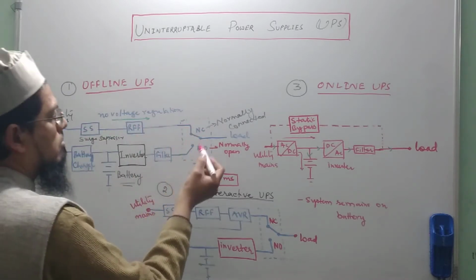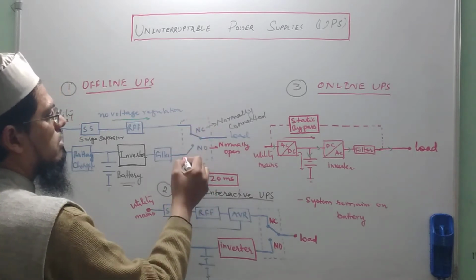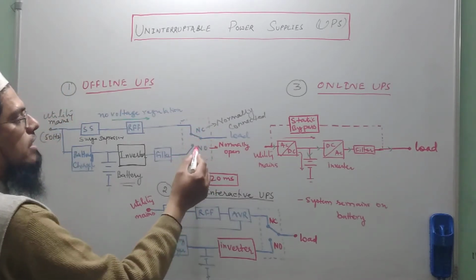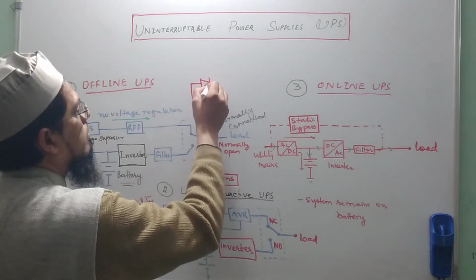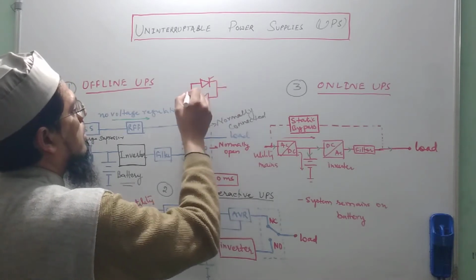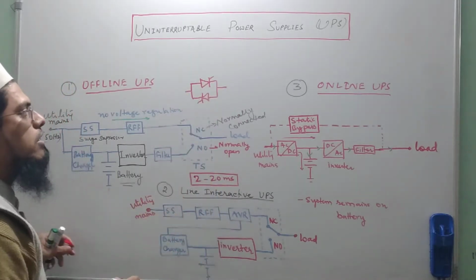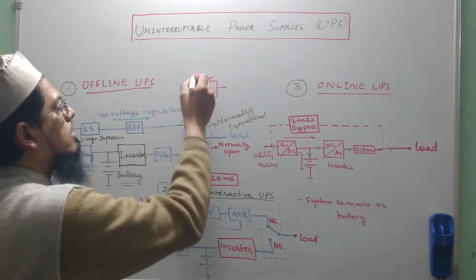Let me tell you what exactly this NC and NO are. It is basically a triac, or a set of thyristors connected in anti-parallel, and they act as static switches.